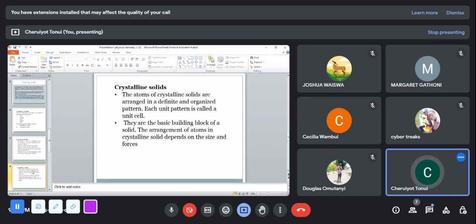On the other hand, the atoms of crystalline solids are arranged in a definite and organized pattern. Each unit pattern is called a unit cell. The building blocks of crystalline solids are arranged depending on the sizes and forces.